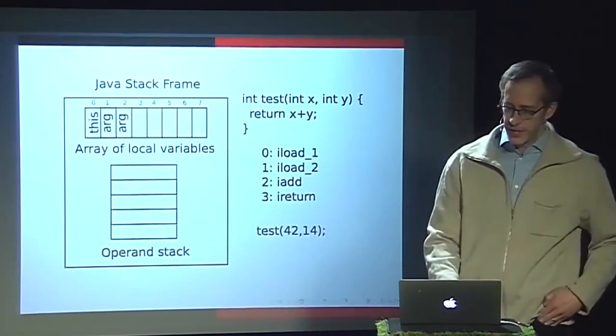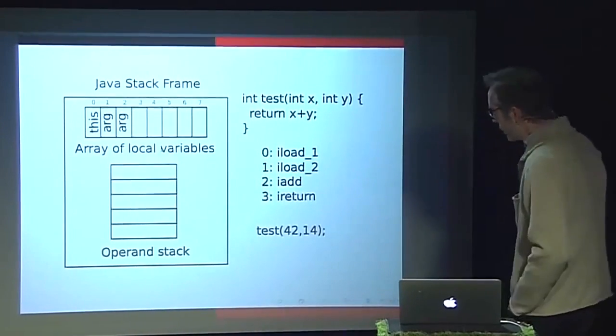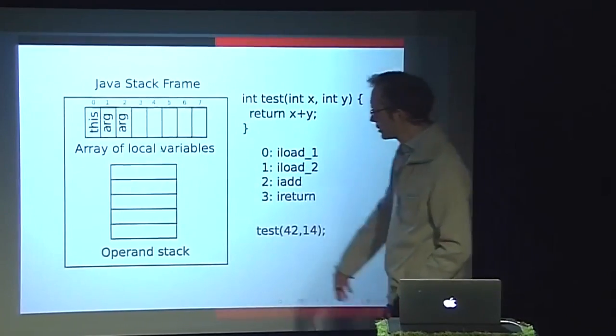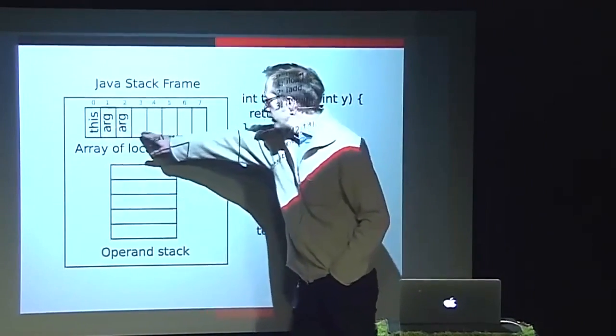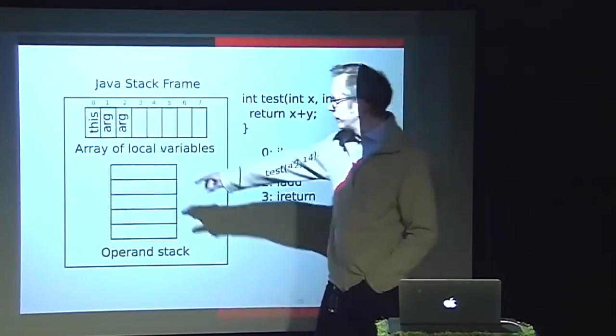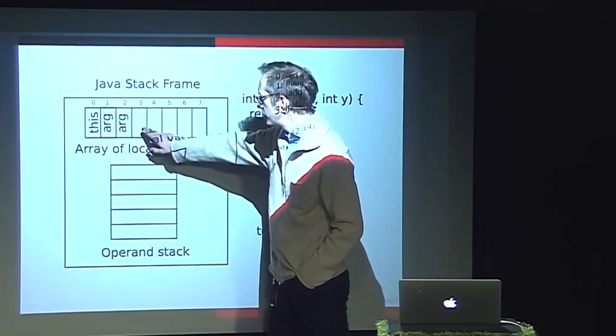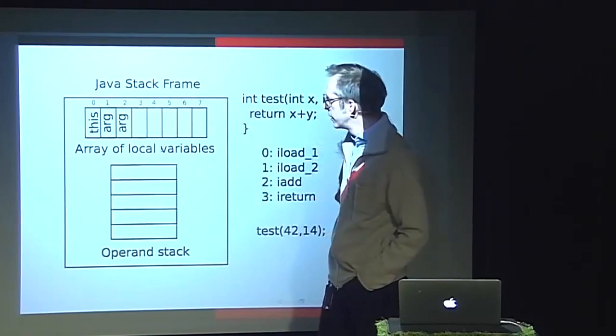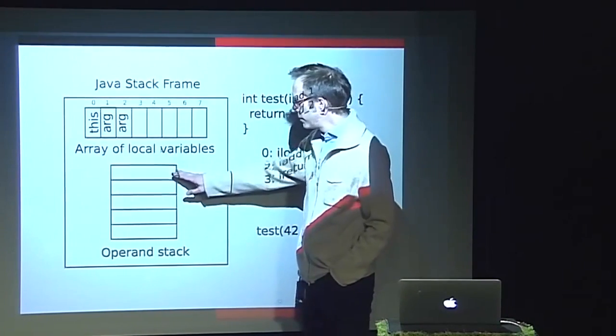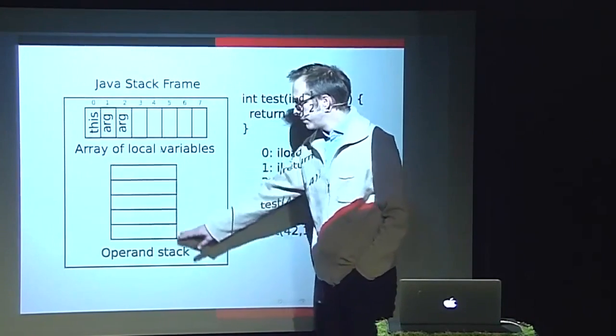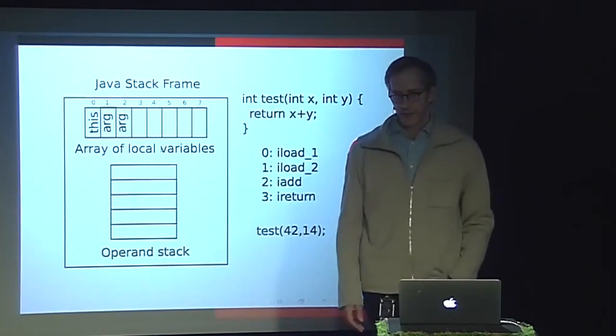But from a specification point of view, when you enter a Java function, you have slots that correspond to this pointer, the first argument, the second argument, and then you have local variables coming after. And then in the compiled Java bytecode, it is specified the size of the operand stack.